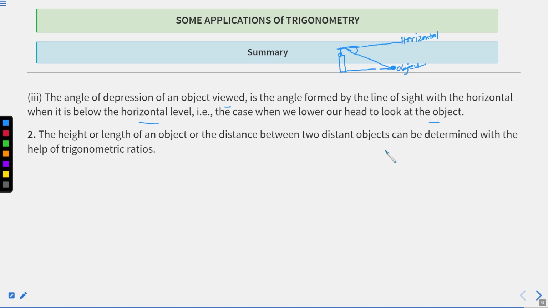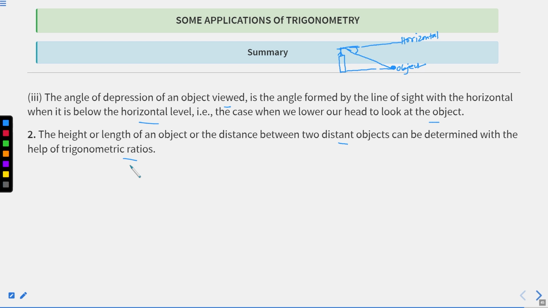Okay, then we have studied in our previous lecture that the height or length of an object, or the distance between two distinct objects, can be determined with the help of trigonometric ratios.